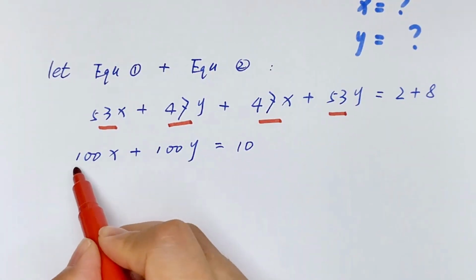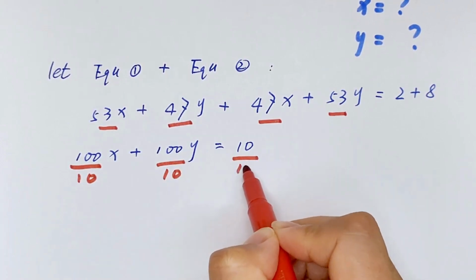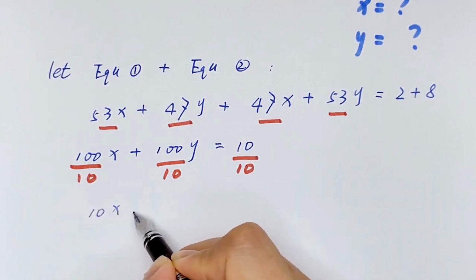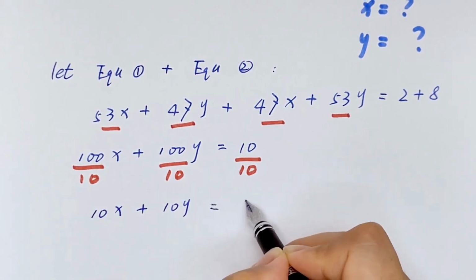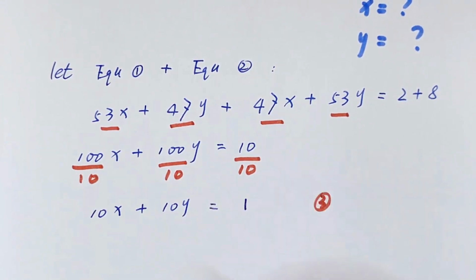We divide it by 10 in both sides. It will be 10x plus 10y is equal to 1. We let this equation 3.